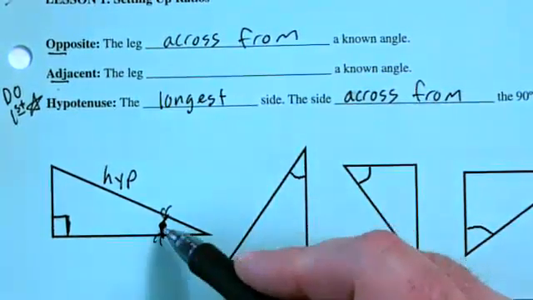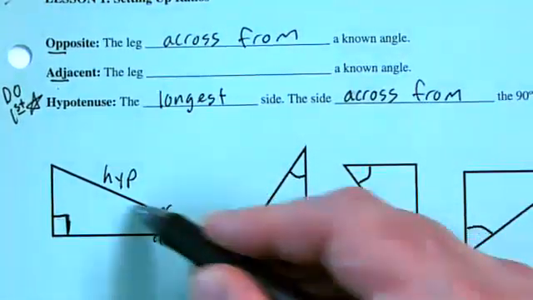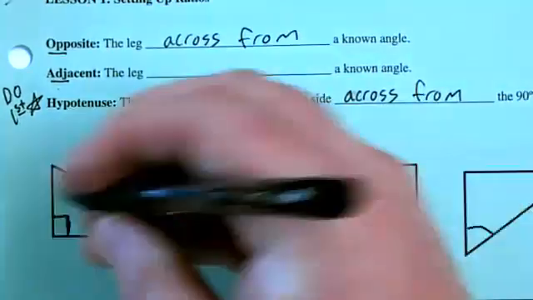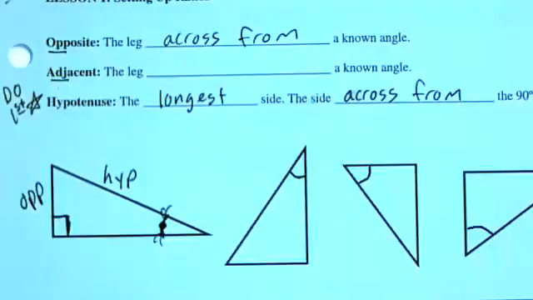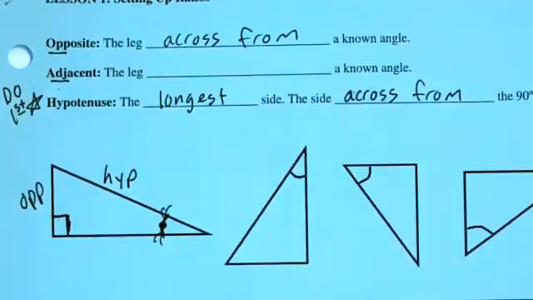So if my reference angle is here, I'm looking into my triangle, and the side that's across from me, what I'm going to be seeing, is going to be this one. I would label this the opposite side. And then the adjacent side is going to be the side that's next to.